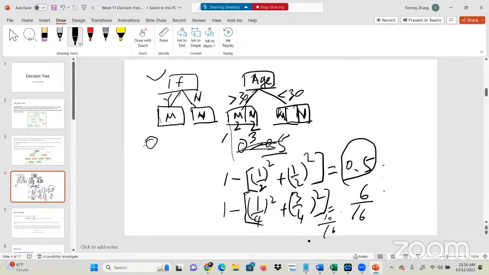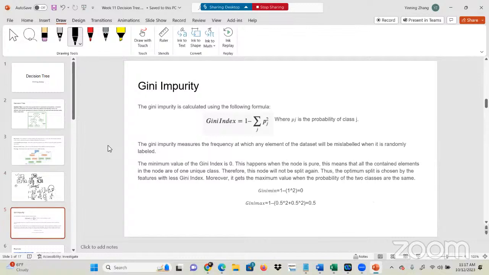You see, it's smaller than this one. Half-half is the worst case, the worst impurity. Okay, we can look at another example.